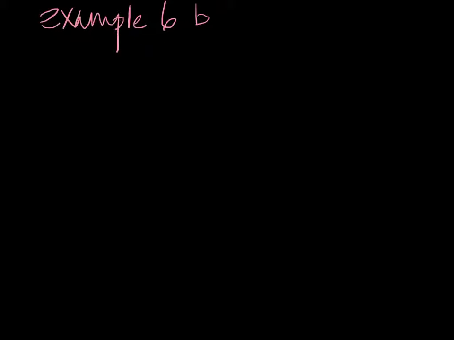6b. This is asking again to find the magnitude given vector v, given its component form is -2, -5.